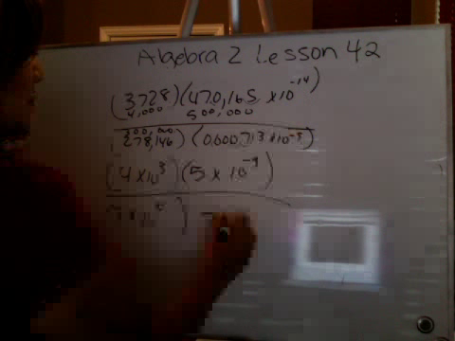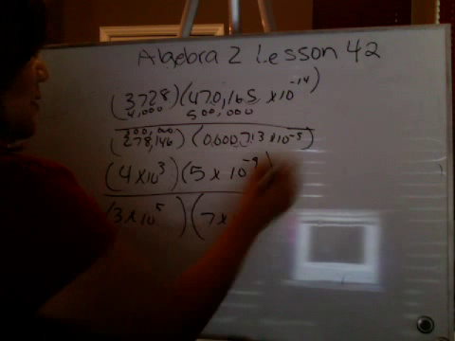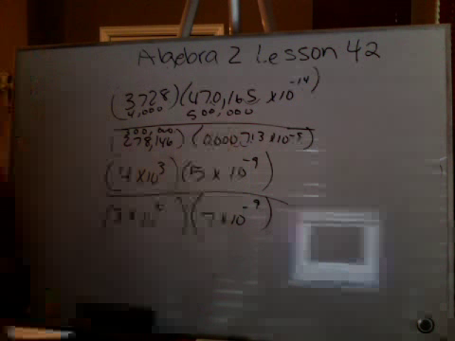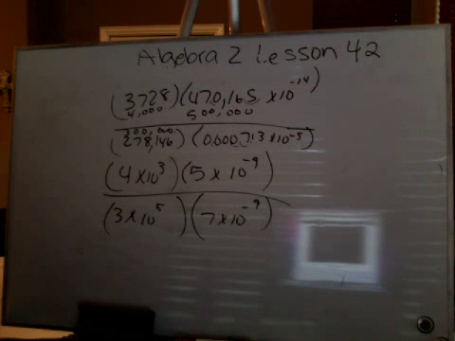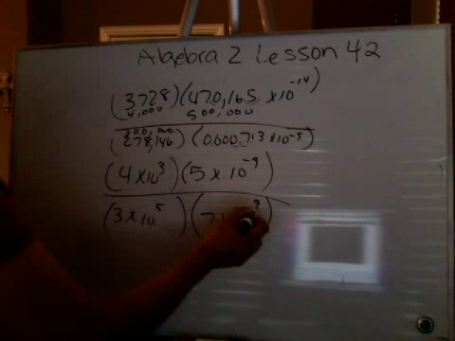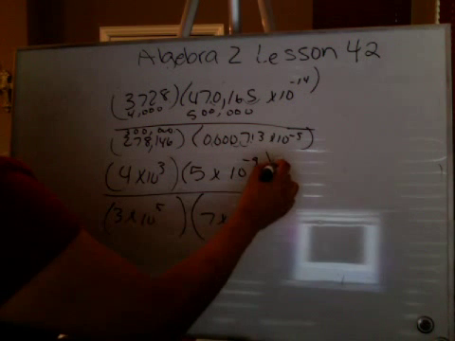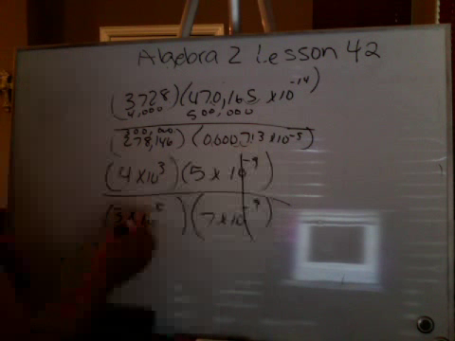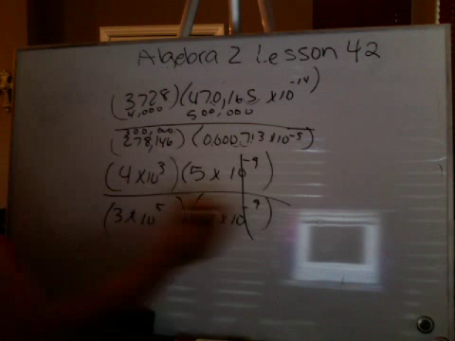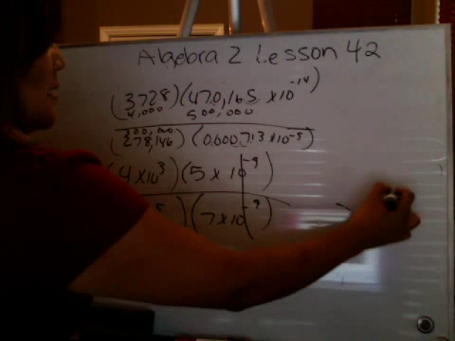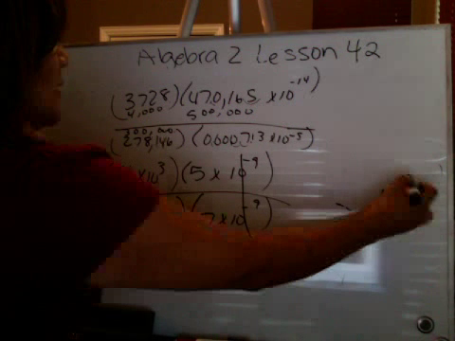So 7 times 10 to the negative 9, because you have negative 5. Because we move to the right, we minus it. So we get negative 9. Well, these two cross out, because if you bring this up here, it becomes a plus 9, and that zeroes out. This becomes 10 to the negative 2.